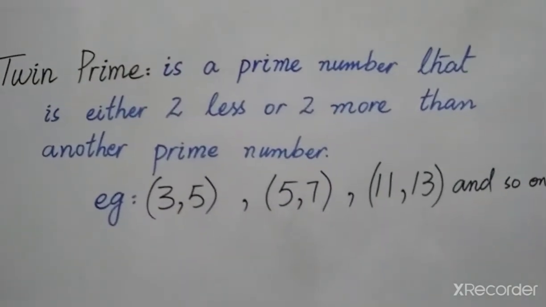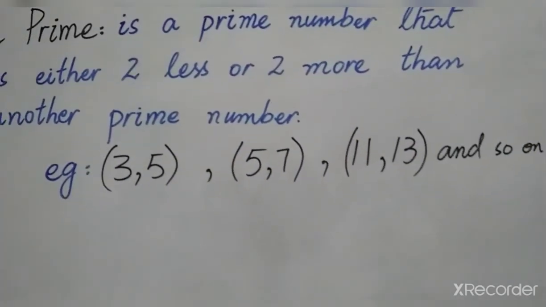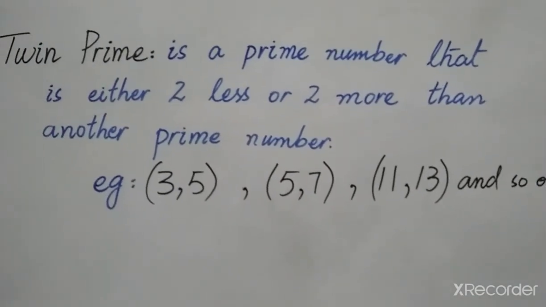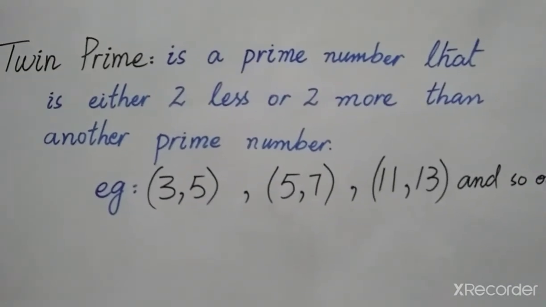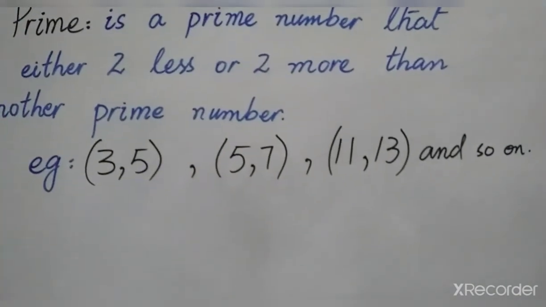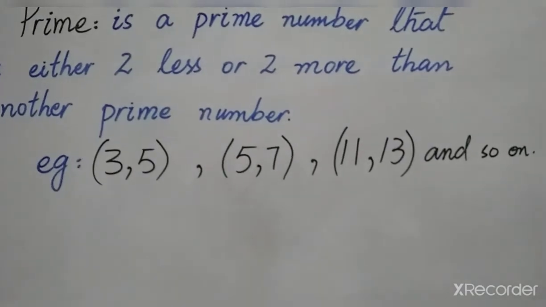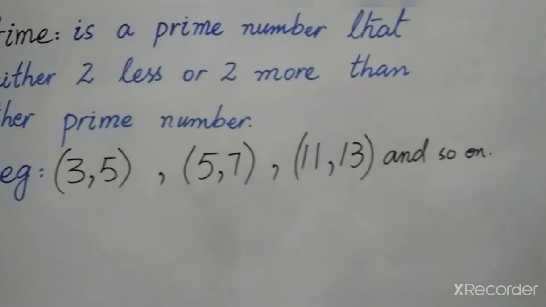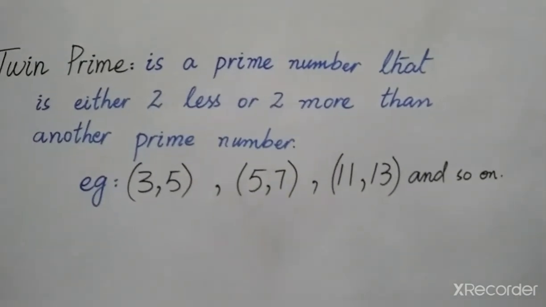Here you can see in the example, these all are prime numbers and they have a difference of 2. ऐसे prime numbers का पेयर जिनमें सिर्फ 2 नंबर्स का डिफरेंस हो, ऐसे पेयर्स को हम ट्विन प्राइम्स कहते हैं. So 3, 5 is a pair with a difference of 2. 5 and 7 is another pair of prime numbers. 11, 13 and so on. There are so many pairs of twin primes.